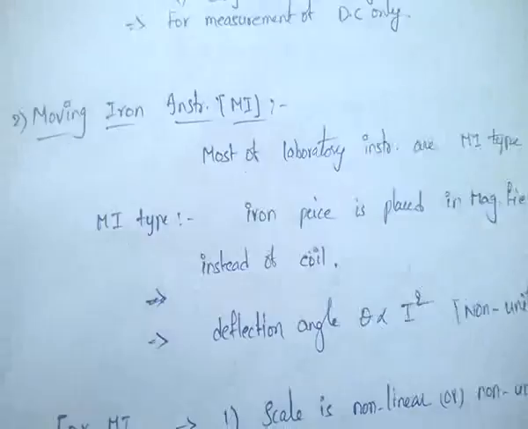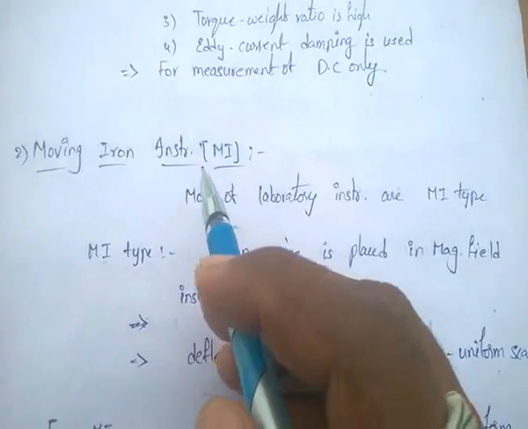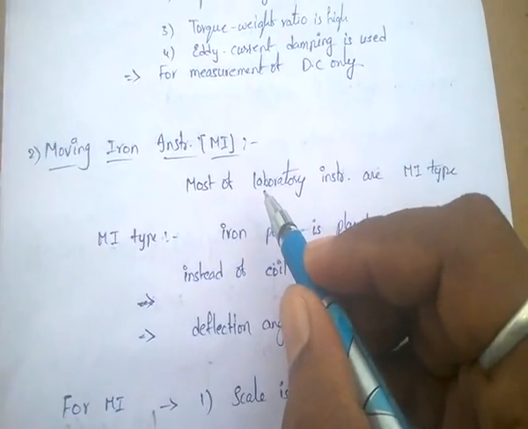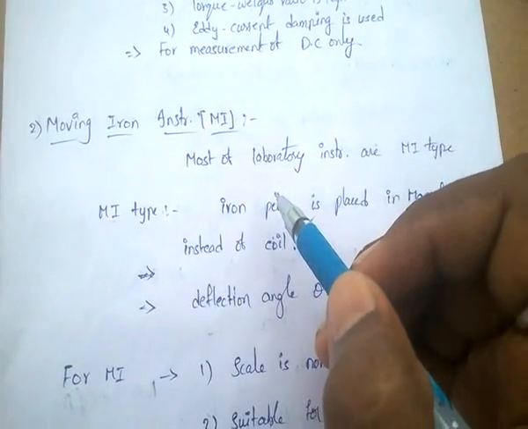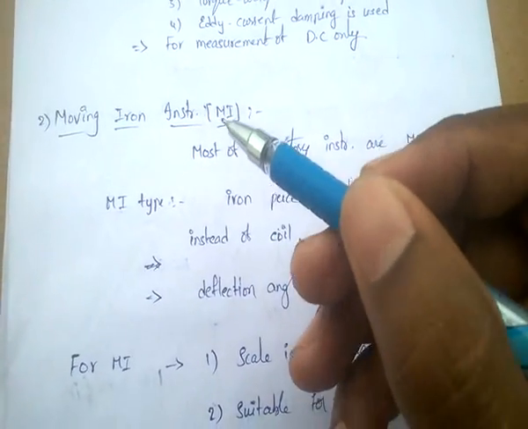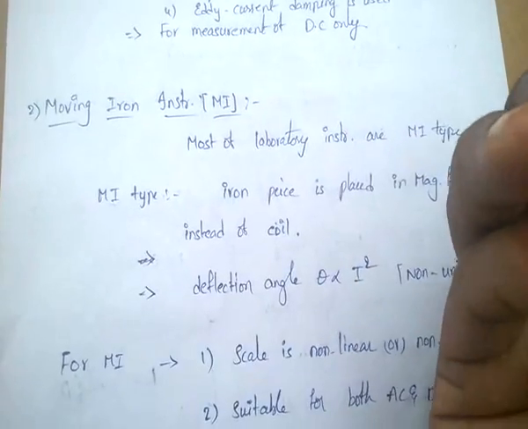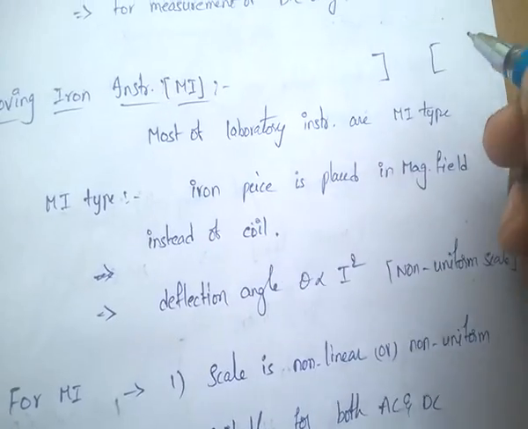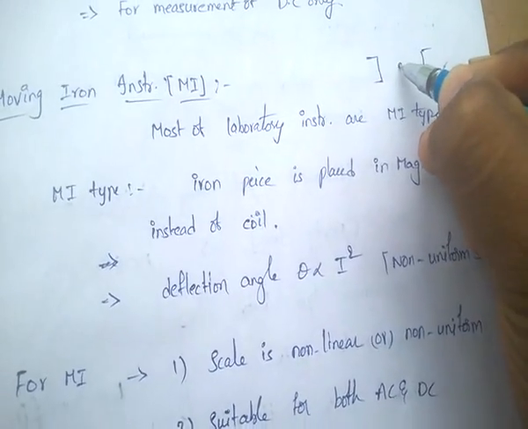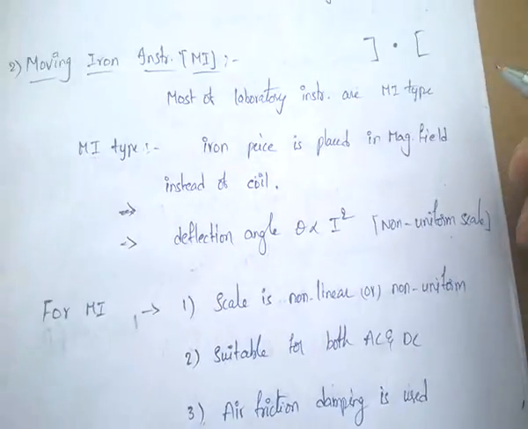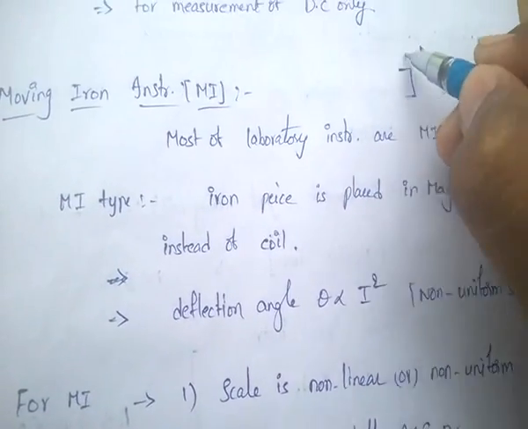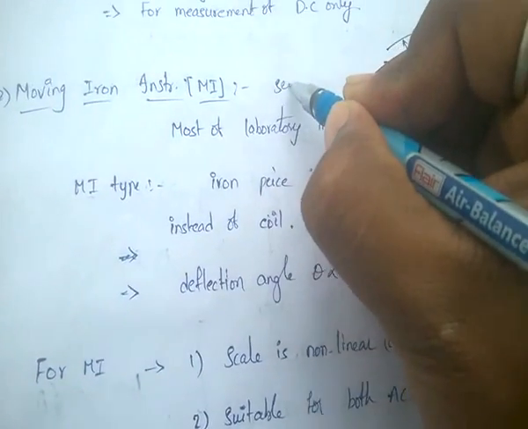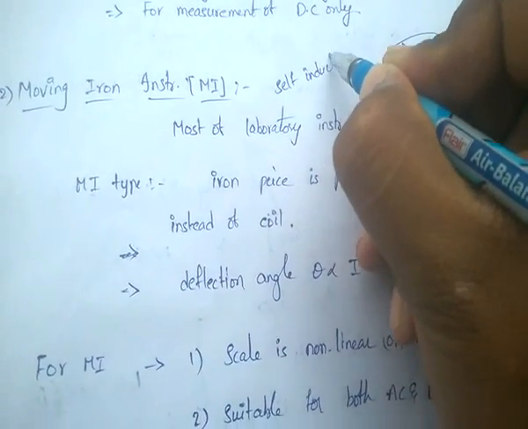Next instrument, moving iron type instruments. In these instruments, an iron piece is placed instead of a coil. In case of MC type, a coil is placed, but in case of this MI type, an iron piece is used. The principle here is the self inductance principle.